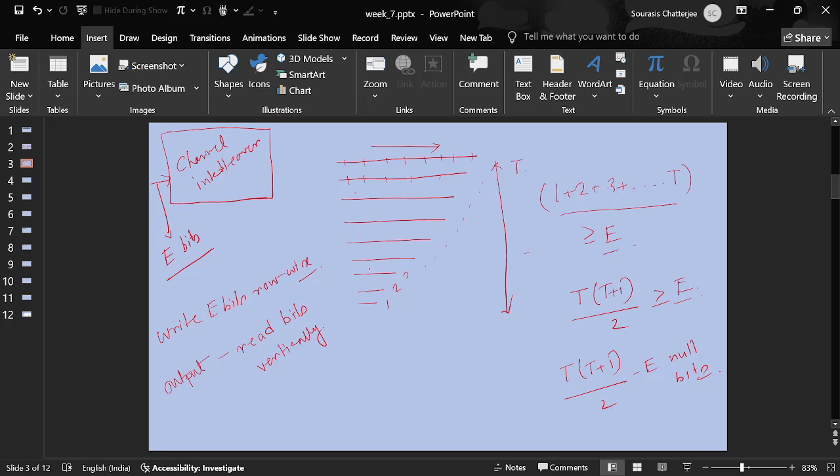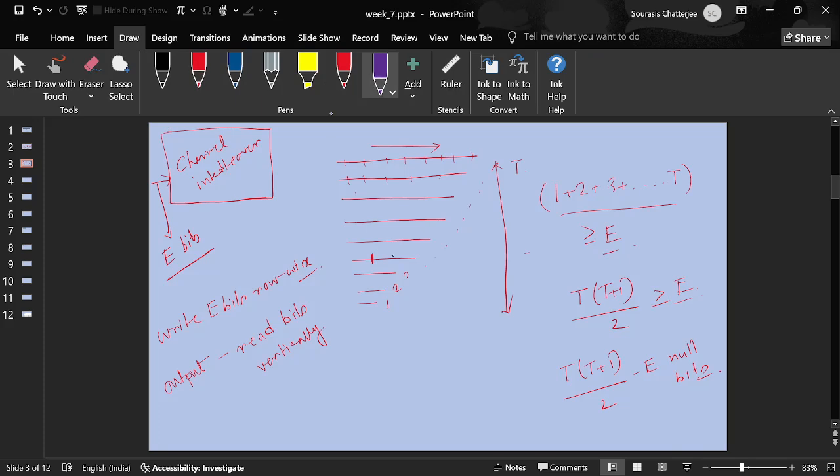Okay, so you mentioned that there will be T times (T plus 1) over 2 minus E null bits. So let's say my effective number of bits ends here. From this point onwards I start writing null bits just to complete the isosceles triangle. So these blue circles are all null bits, and while reading it vertically, how do I do that?